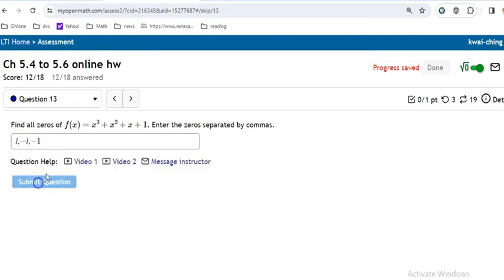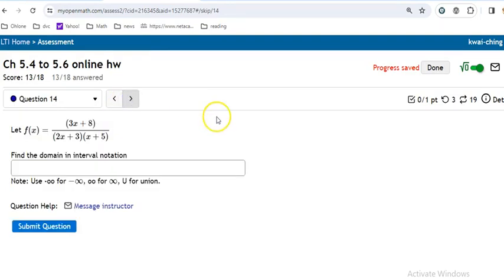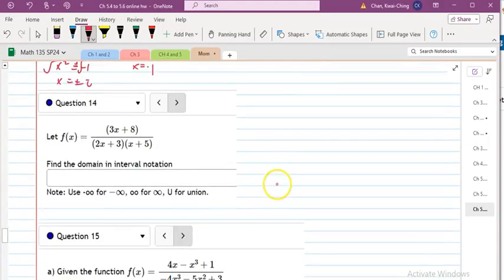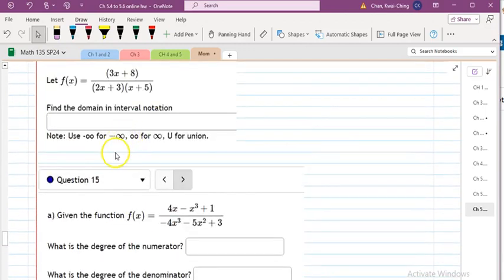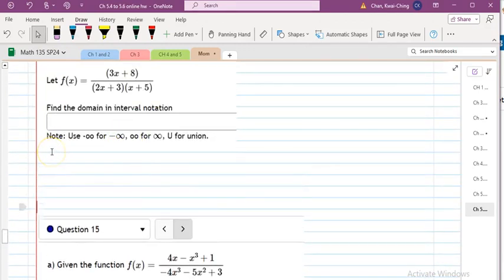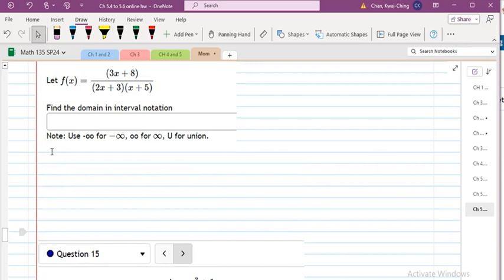13. So this is a rational function, what is the domain? The domain excludes where the denominator equals 0. So let's just solve the denominator because we want to avoid dividing by 0. So we don't want the denominator to be 0. So solve those. 2x plus 3, the denominator.